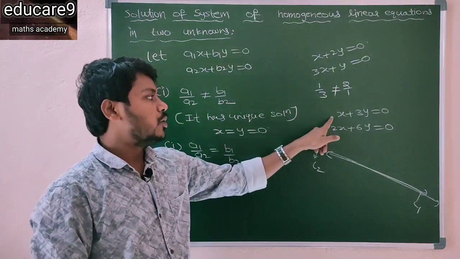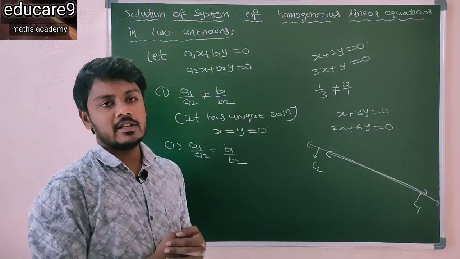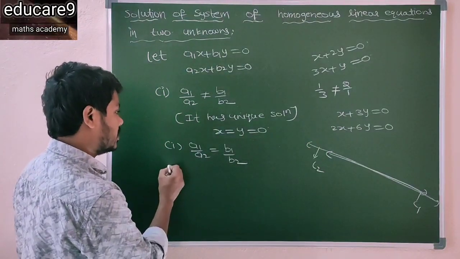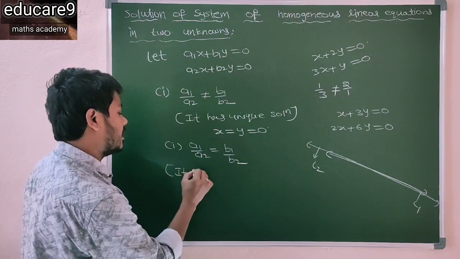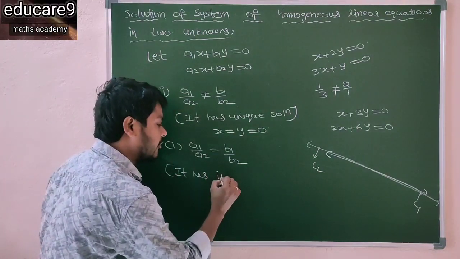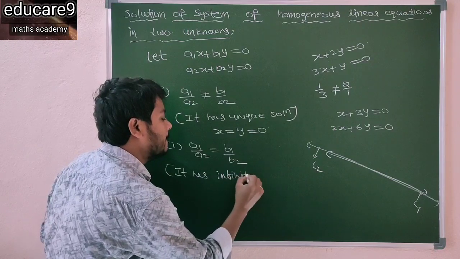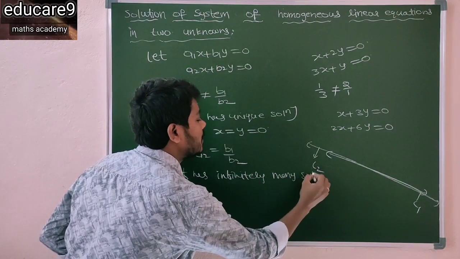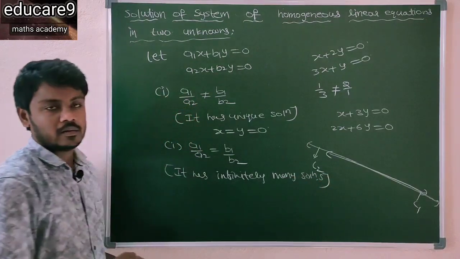So clearly two lines are coincident lines. In that case, solutions are infinite. So therefore, it has infinitely many solutions. Okay.